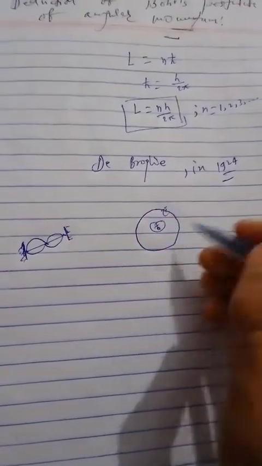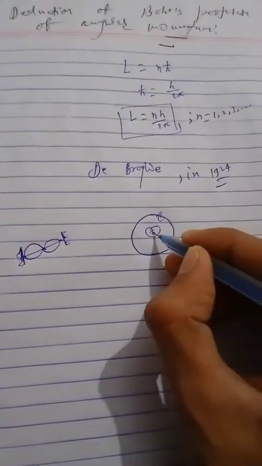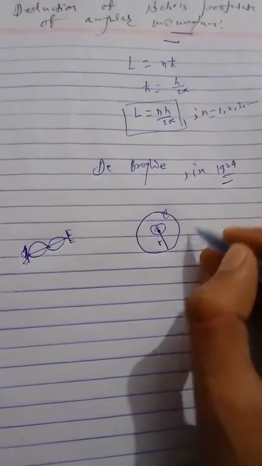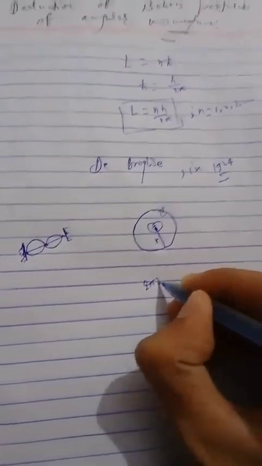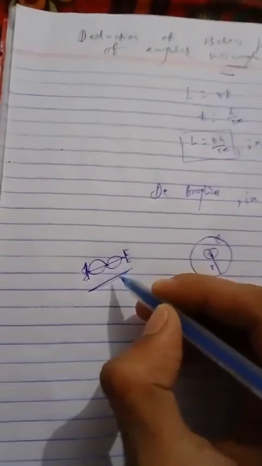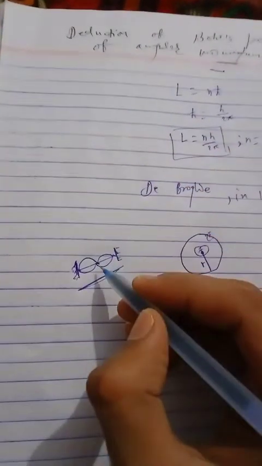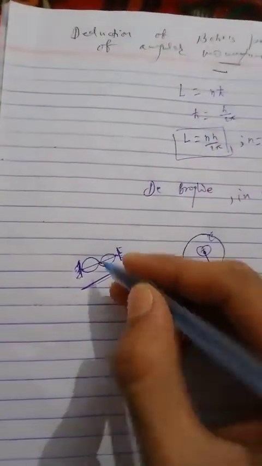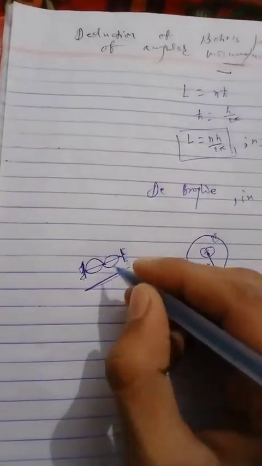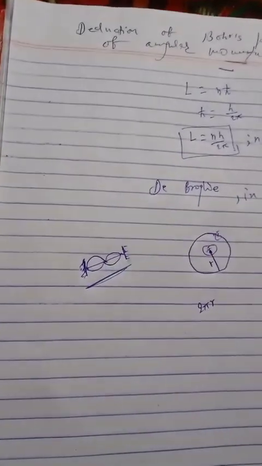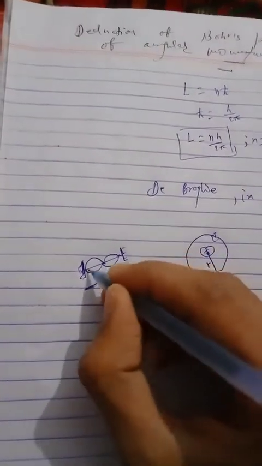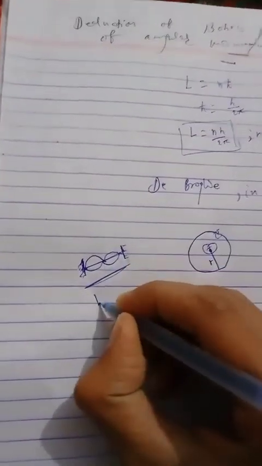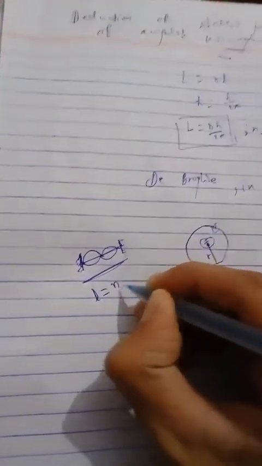Suppose its radius is r, then its circumference is equal to 2 pi r. You know from the basic theory of standing waves that for constructive interference to take place and to form standing waves on a string, the length of the string should be equal to n times lambda.